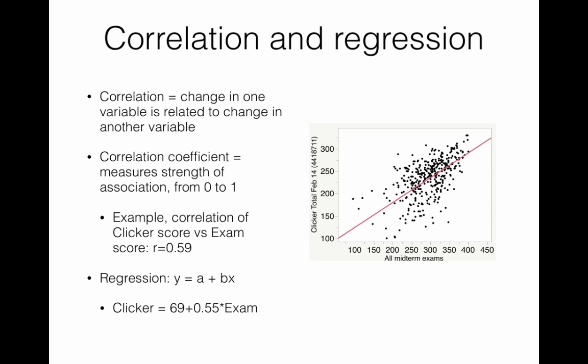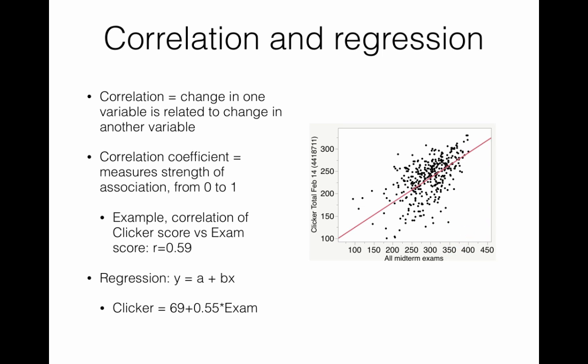There is another statistical analysis that we can do on a distribution, which is to look at two variables and ask ourselves the question, are they correlated to each other? So for example, let's look at the data points here for all the midterm exams from, again, 100 to 400.